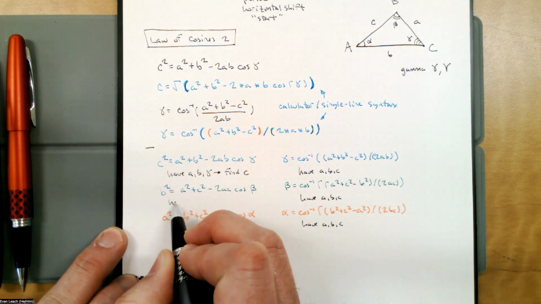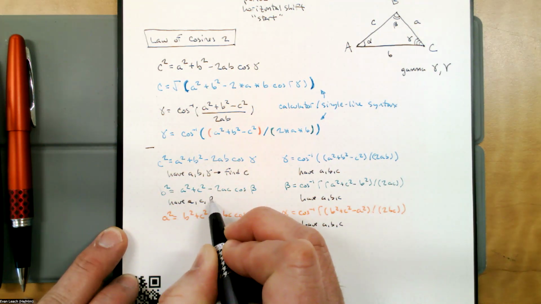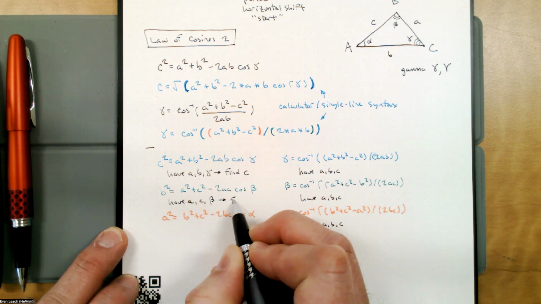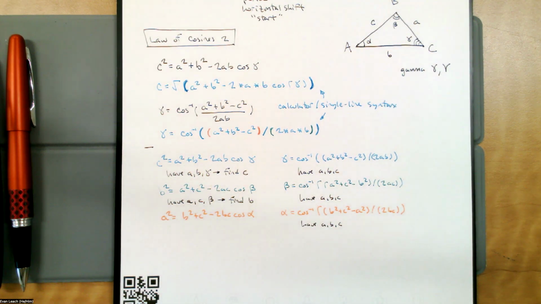So here we have A, C, and beta. If all we have is A, C, and beta, our only choice is to find side B. So I guess that means we don't have a choice.